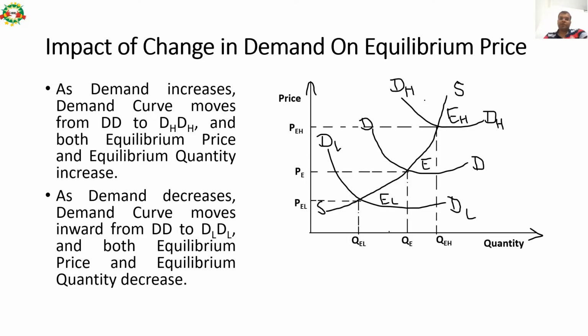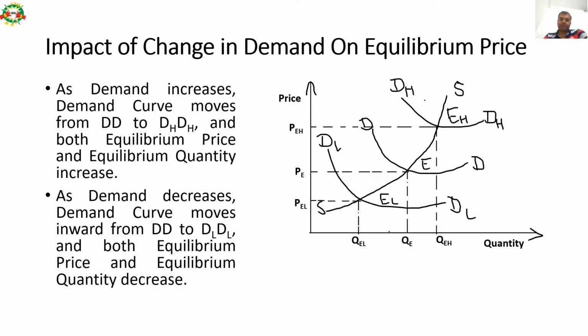Now let us try to understand the impact of a change in demand on equilibrium price. That means as demand increases or decreases, how the equilibrium price reacts to the change in demand for a commodity. As demand increases, the demand curve moves from DD to DH DH, and both equilibrium price and equilibrium quantity increase.